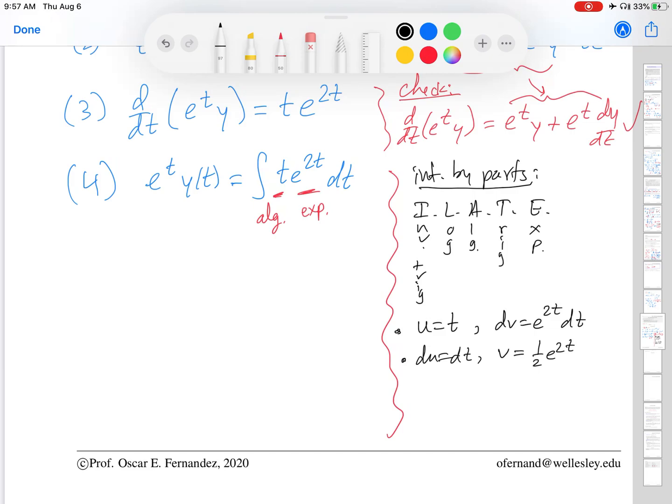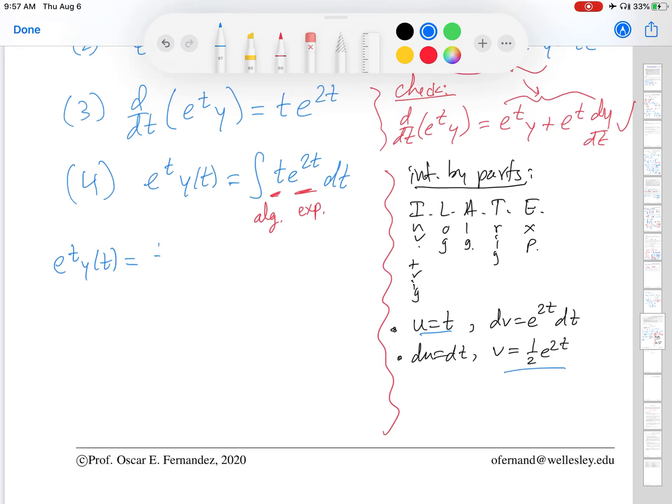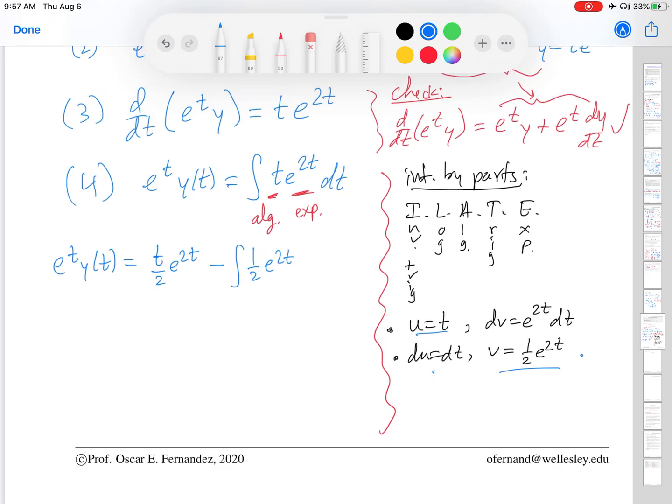So we take all of this information and we put it into the integration by parts form. That is u times v, so t times 1/2 e to the 2t, minus the antiderivative of v du. So that's 1/2 e to the 2t times dt.